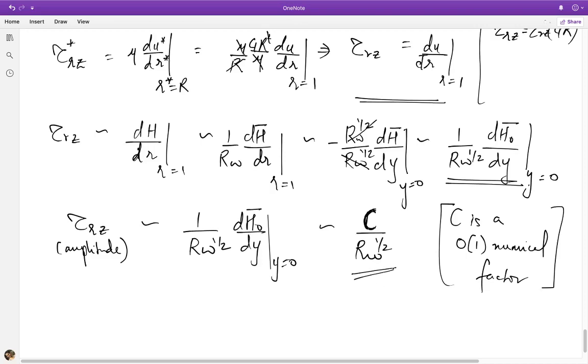But here you see the appropriate dependence coming out cleanly. And this C, as I said, is just an order 1 factor. So the usefulness of this relationship is that I just have to determine this factor, which I can do in principle by just 1 or 2 experimental measurements.